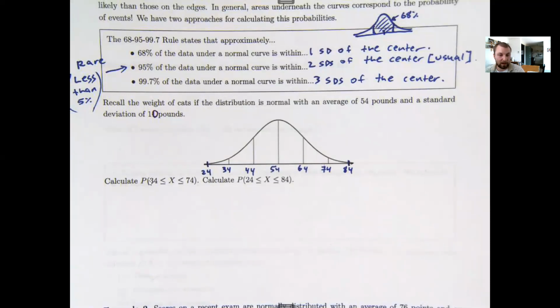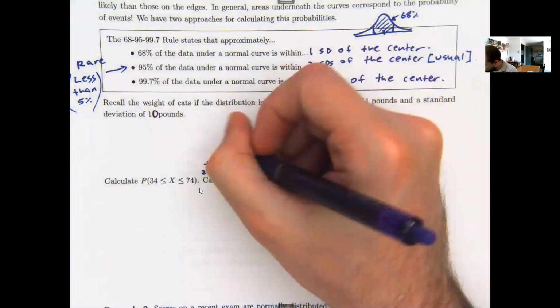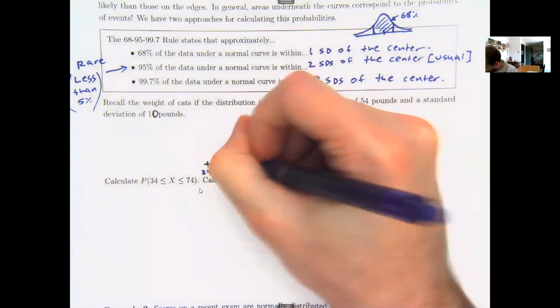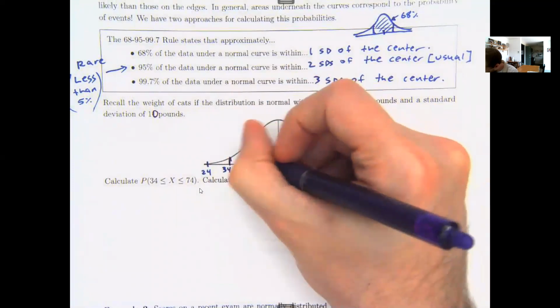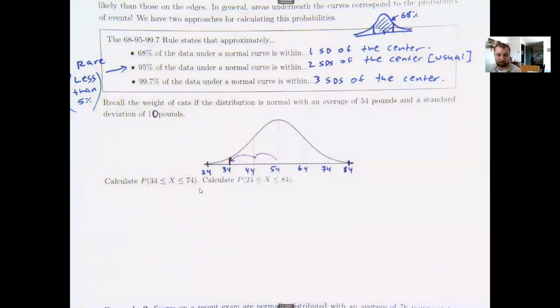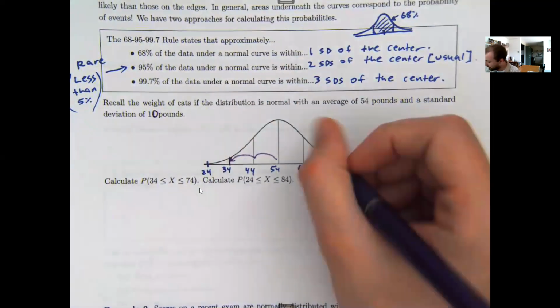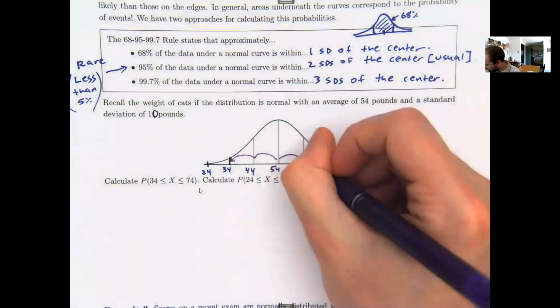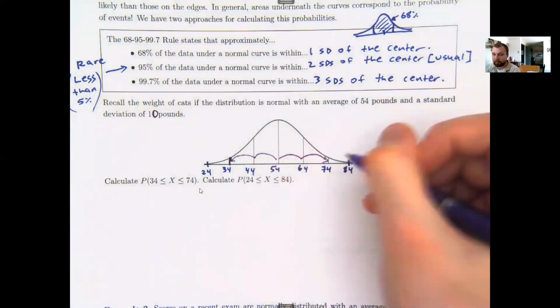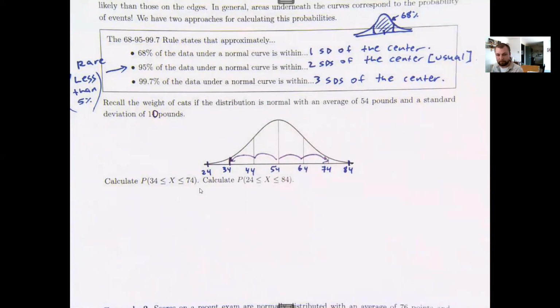How likely is it to have a weight between 34 and 74? Well, looking at my graph, 34 shows up here. That's 2 standard deviations down. And 74 shows up here. That's 2 standard deviations up.